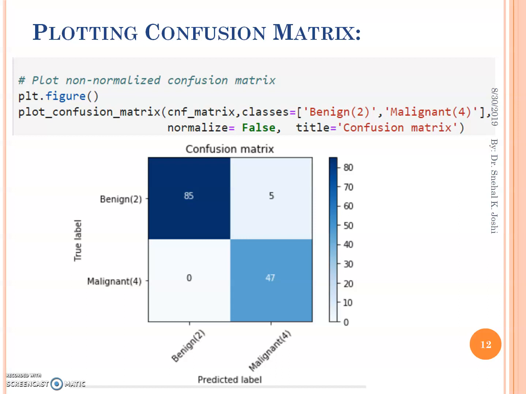5 results which were actually no, that means the y-test value was no, were wrongly predicted by our model as yes. That means the y-hat values are predicted as yes. It means 5 data points which were supposed to be false are wrongly classified by our model. Similarly, no results are classified incorrectly by our model.